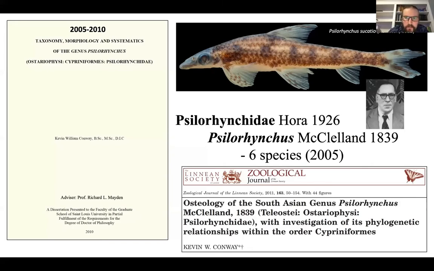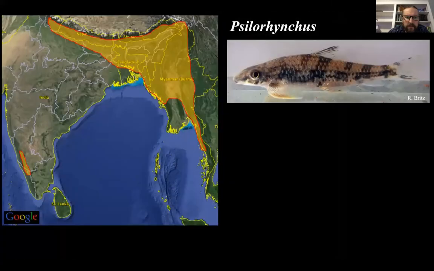Now, many of you might already be familiar with this group, but for those of you that aren't, I'll just give you a little general background. So this group is distributed throughout the Indo-Burma region. It's found in foothill areas of Nepal, Bhutan, Bangladesh, and Myanmar.